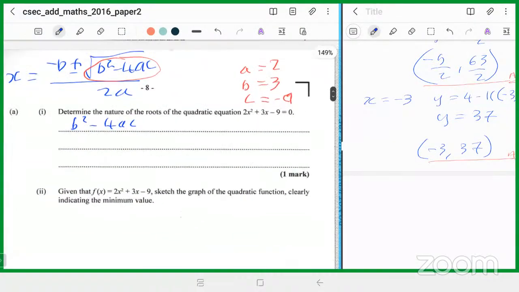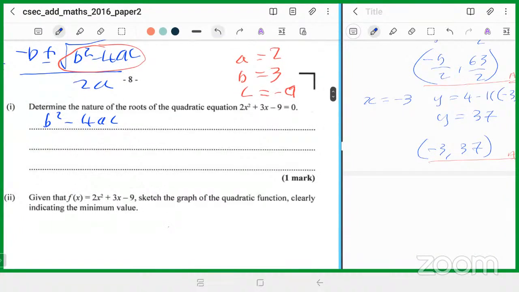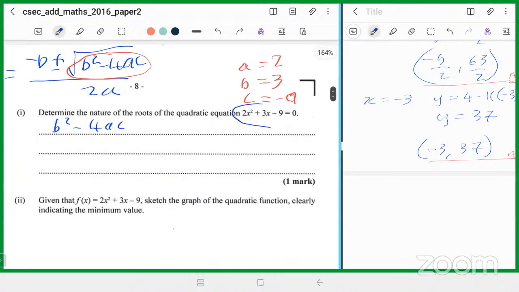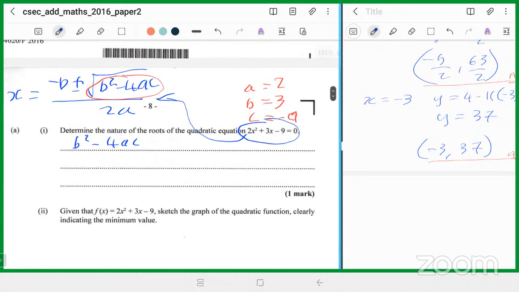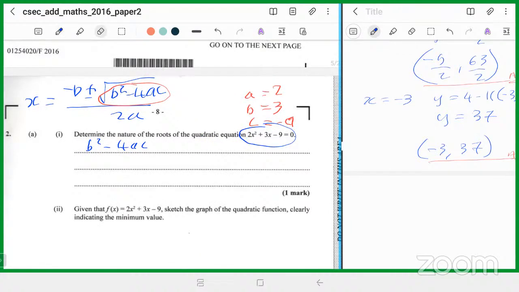All right, so the b squared minus 4ac for this equation, remember you only get a discriminant from a quadratic equation, because it is only a quadratic equation that solves this way with the quadratic formula. So it's only a quadratic equation that can have a discriminant. All right.